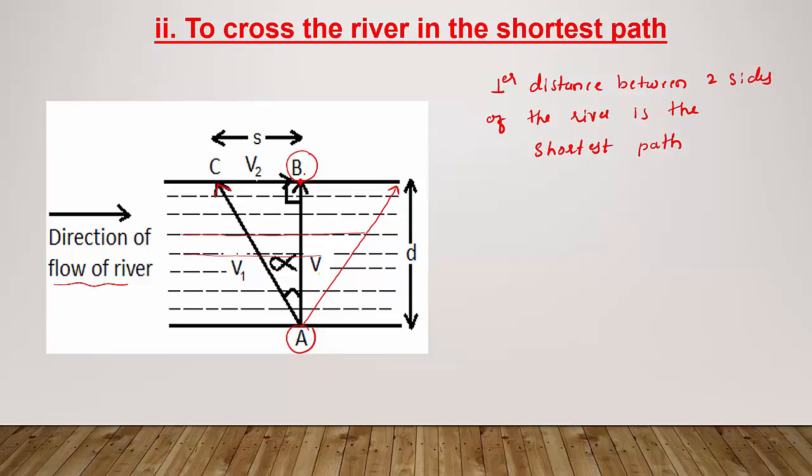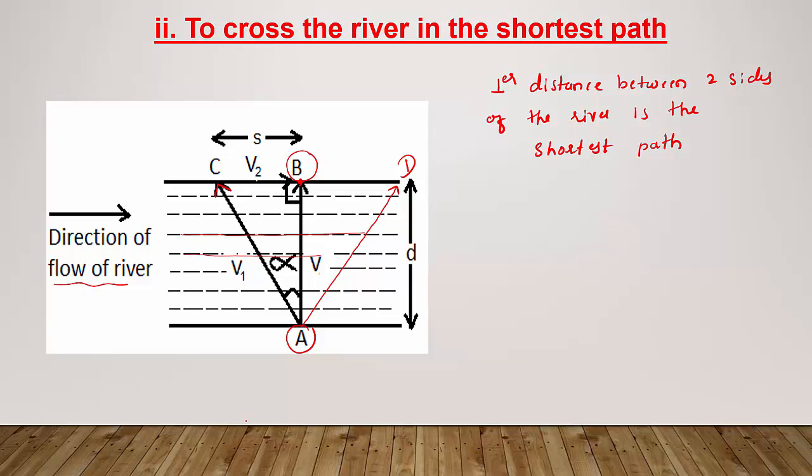So that's why when the person is swimming from A to B, he moves downstream. His direction changes because of the flow of the river. That flow carries him towards the D direction. He will reach point D instead of B. It will be the longest path, but we want the shortest path.